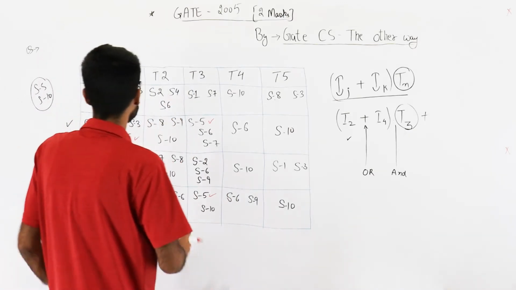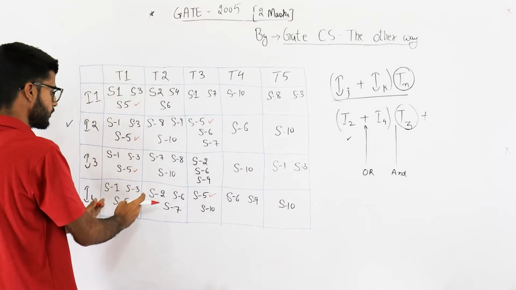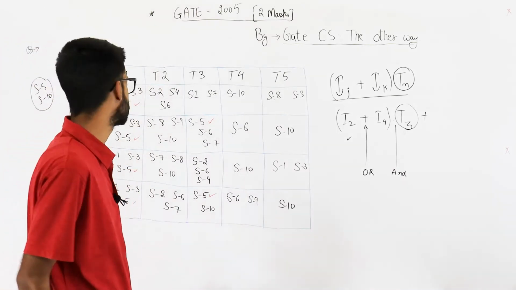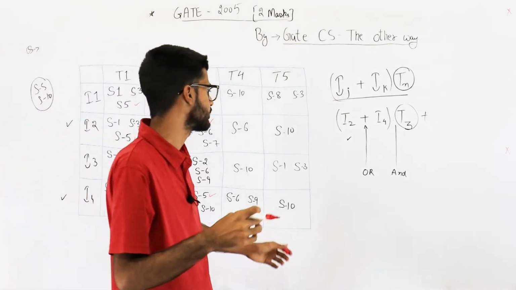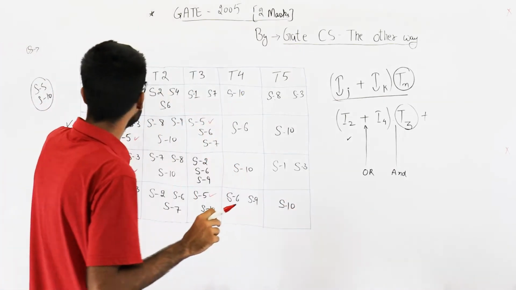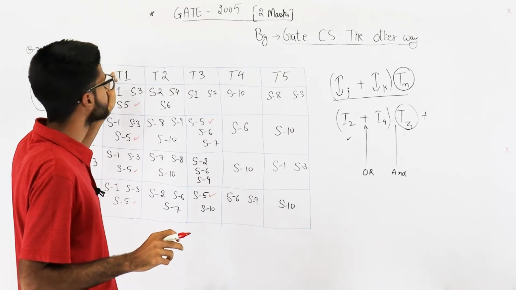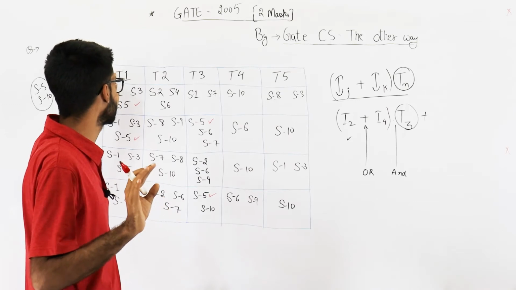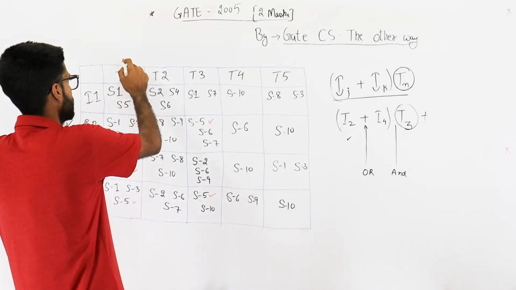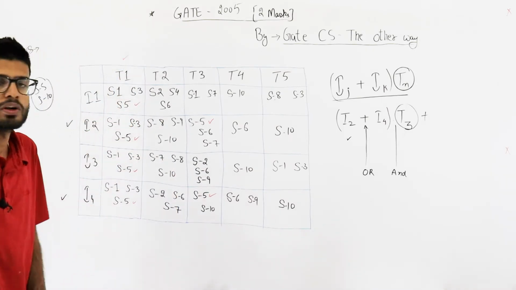So S5 is present in the entire column number 1. That means we need not care which instruction it is. If we simply know T1 is being executed, that means the instruction is in the first clock cycle, and every time S5 is going to be required.